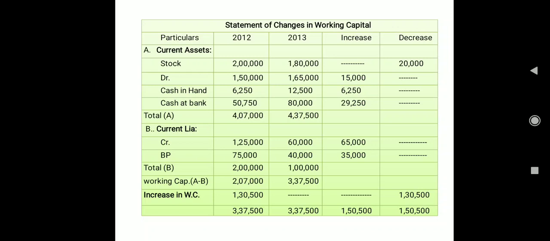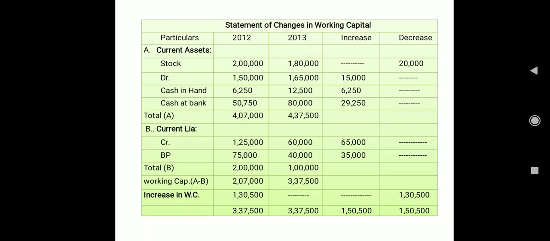Now we need to calculate working capital, and the formula of working capital is current asset minus current liability, that is A minus B. I hope you know very well, as I am representing current asset as A and current liability as B, so I say A minus B. So how much do we get? 4,07,000 minus 2 lakh, we get 2,07,000 in 2012. 4,37,500 minus 1 lakh, 3,37,500 is the working capital in 2013.